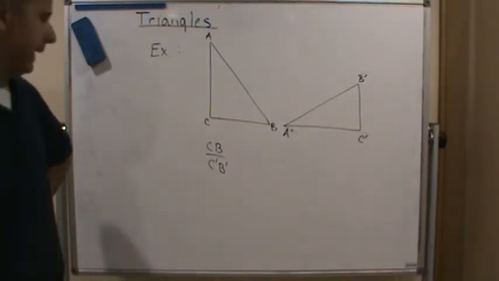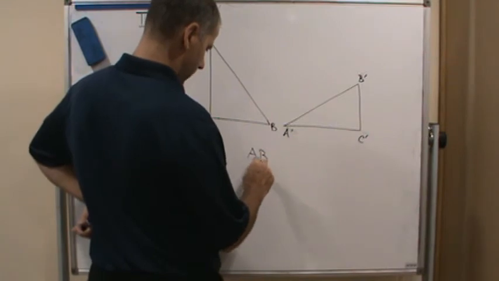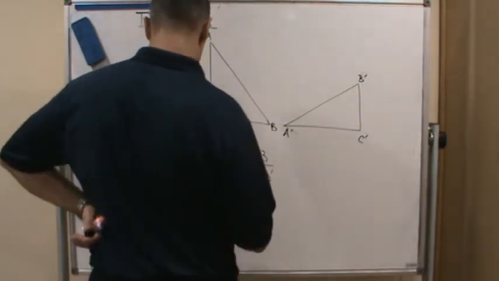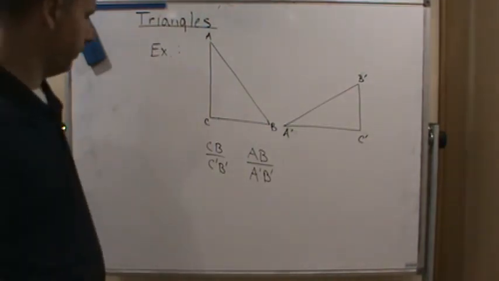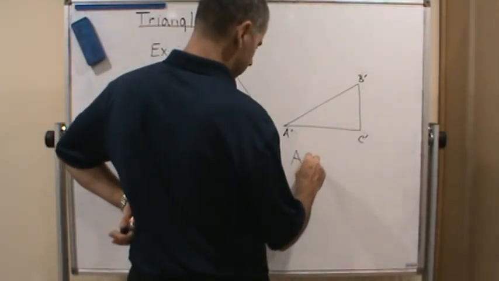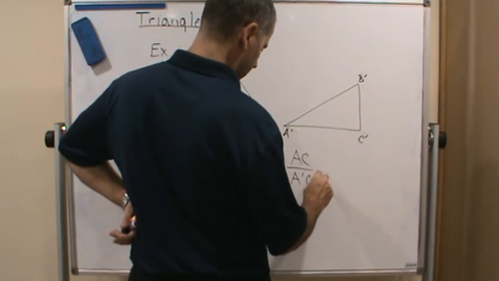And then AB is proportional to A prime, B prime. And then finally, the last pair, which is AC. AC is proportional to A prime, C prime.